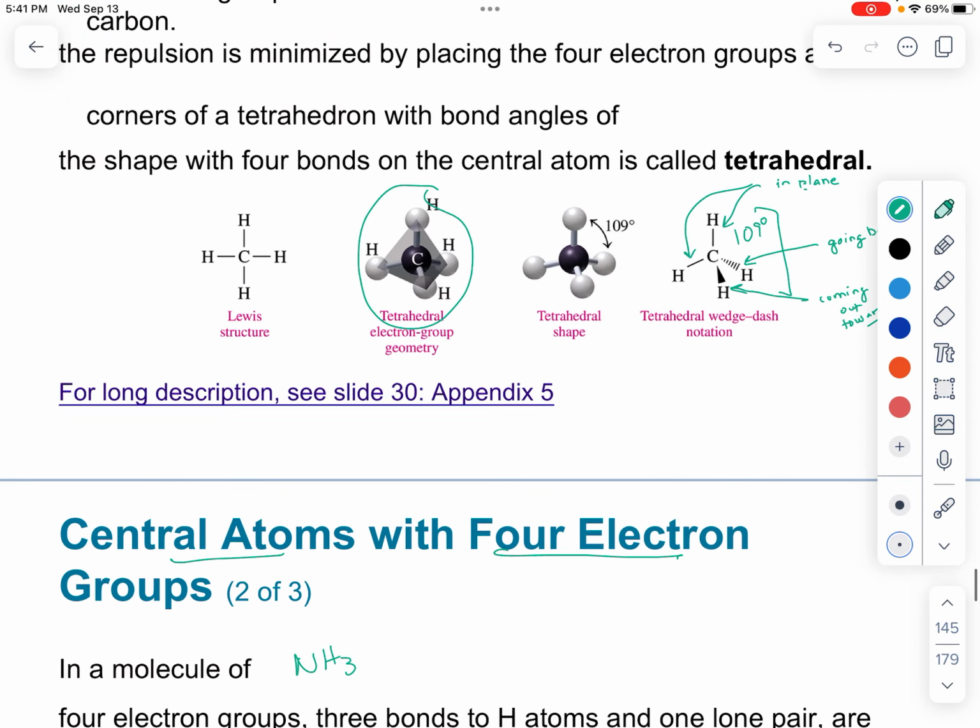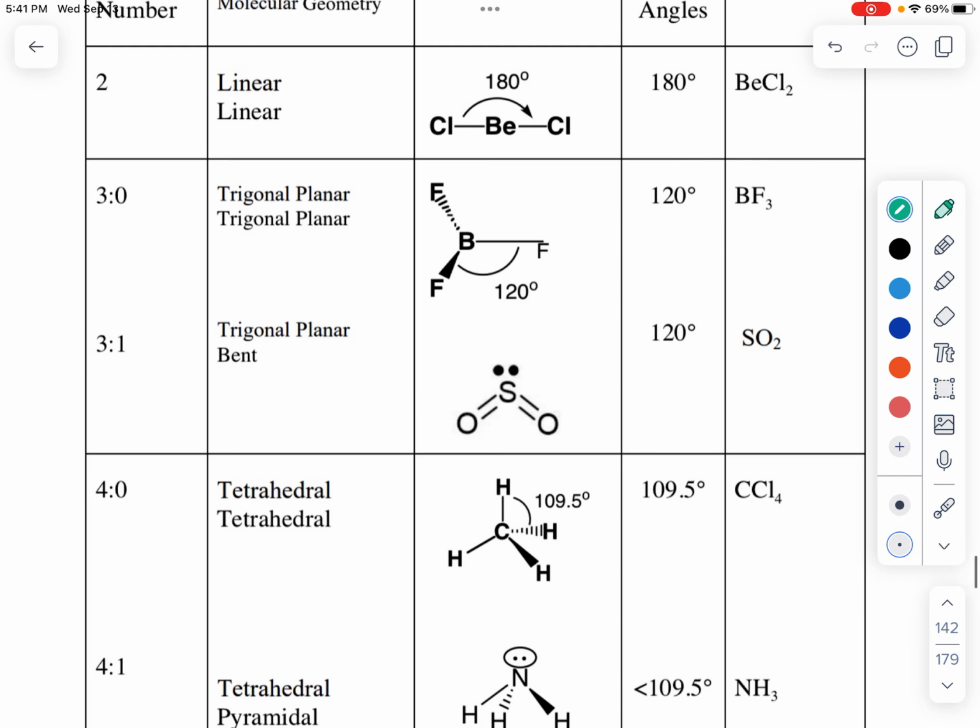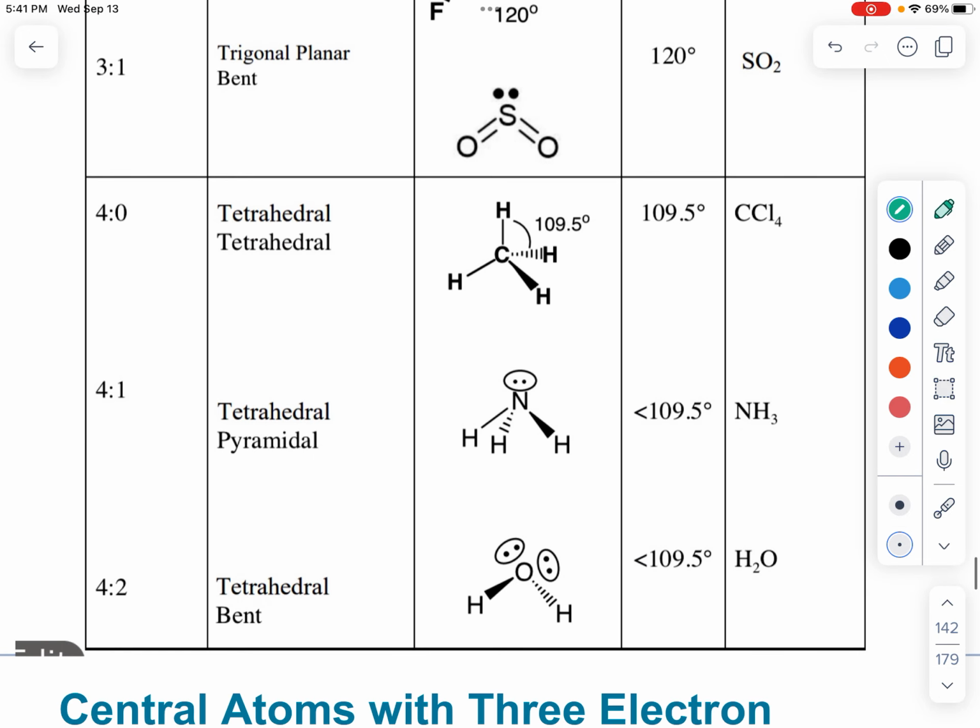And so these are all summarized here. Here's the 4. All of these have steric number of 4. If you have a steric number of 4, always the electronic geometry will be tetrahedral, but the molecular geometry depends on the number of unbonded pairs.